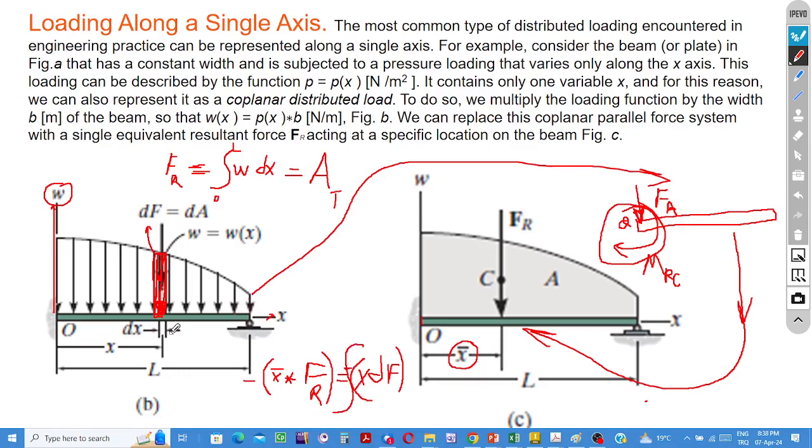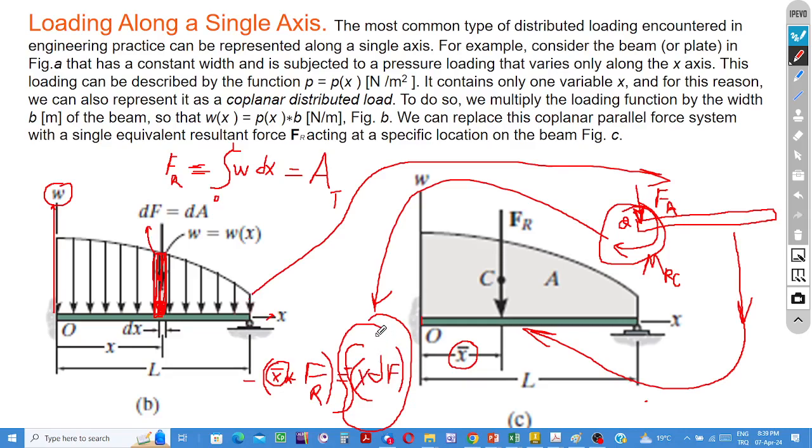If we add the moments up, we obtain this term, whose magnitude is equal to the magnitude of the resultant couple. This resultant couple moment must be equal to the moment of the resultant force at its new location. Here, the only unknown in this equation is the coordinate value. Solve this equation and find it.